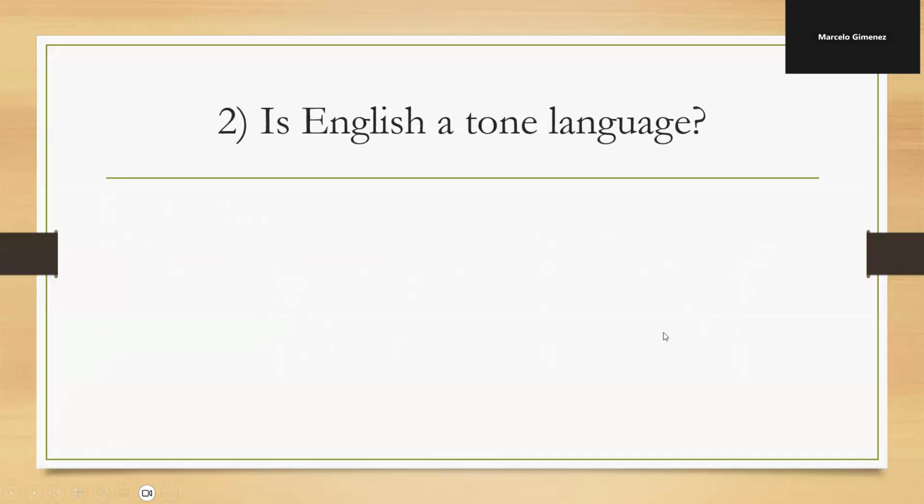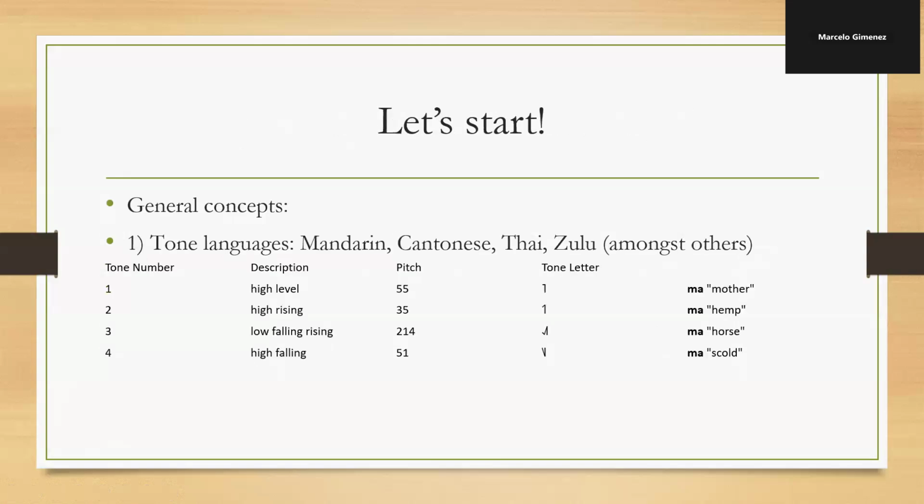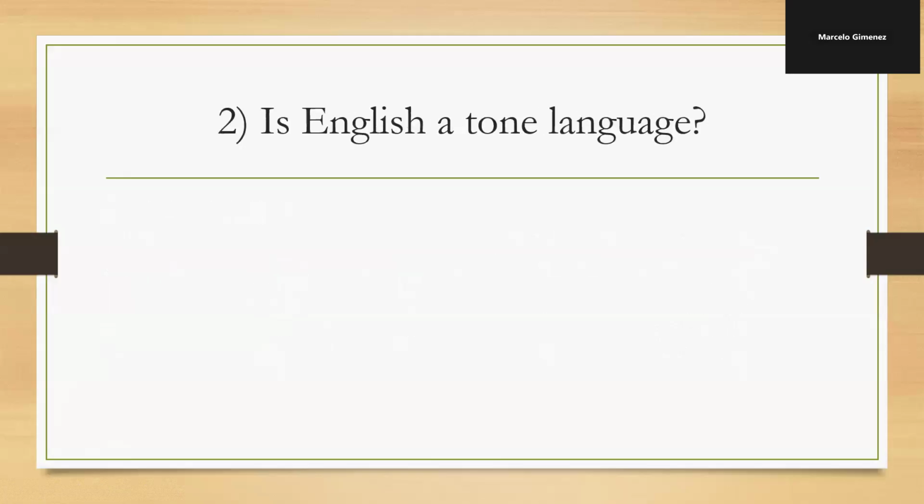So the question is: is English a tone language? There are languages like these which are tone languages; they use tone to convey different meanings. However, does English actually use tone in that sense? Not at all.